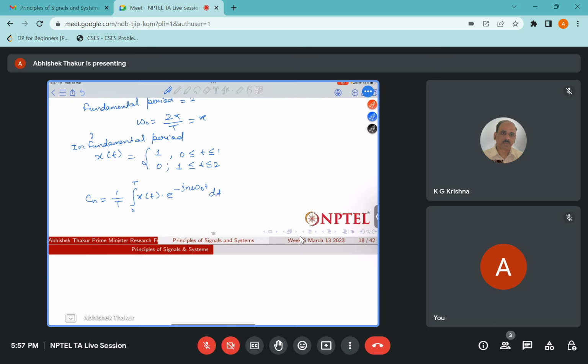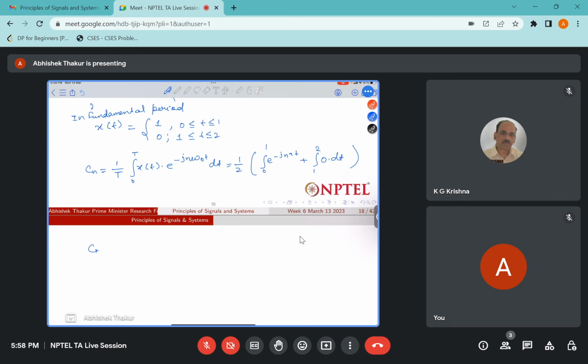So here in this case we can write, because the time period T is equal to 2, 1 by 2 times the integral from 0 to 1 of e to the power minus j n pi t, plus from 1 to 2 it will be 0 dt.